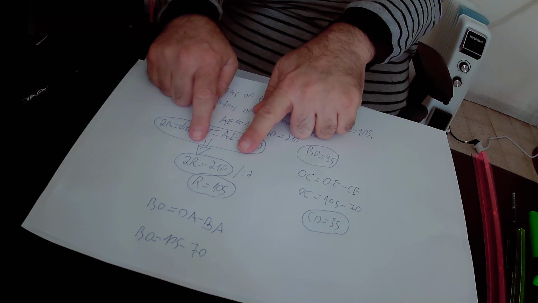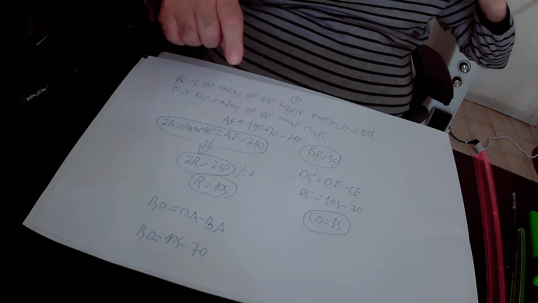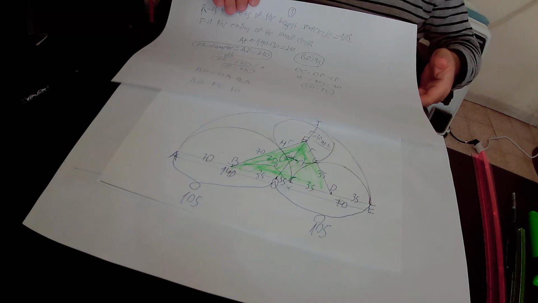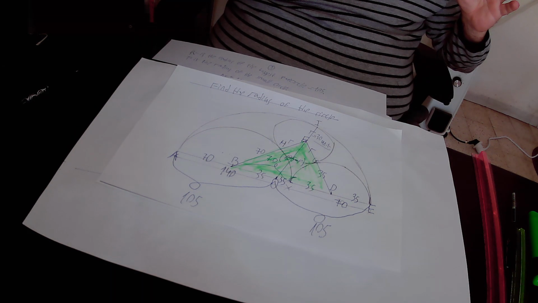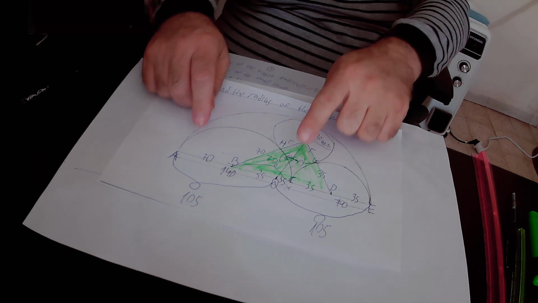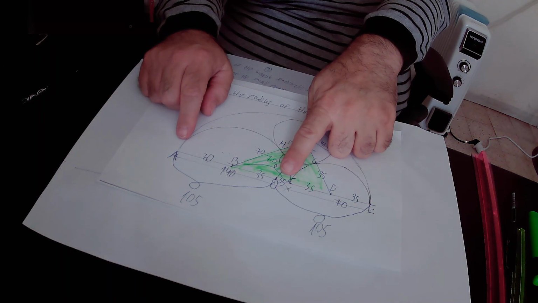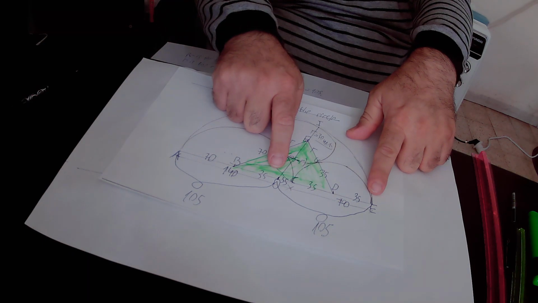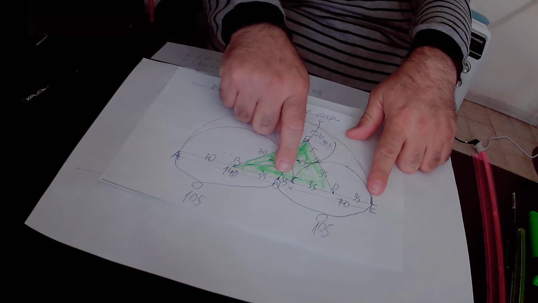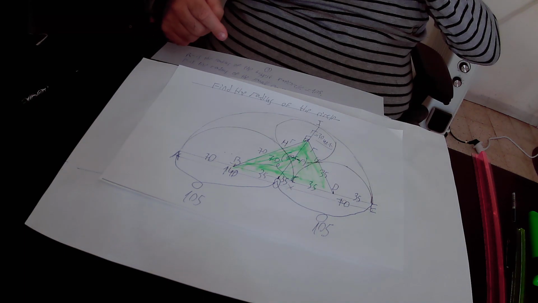We divided this equation by 2 and found out that capital R equals 105 units. Capital R, the radius of the biggest semicircle, equals 105 units. So AO is the radius of the biggest semicircle and it is equal to 105 units, and OE is also the radius of this biggest semicircle, equal to 105 units. Okay?